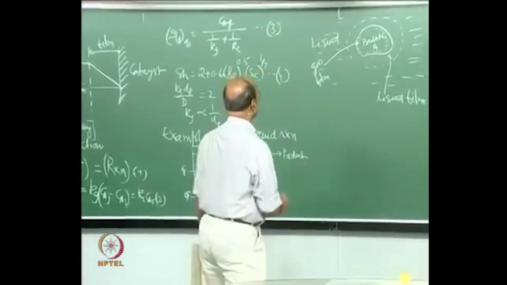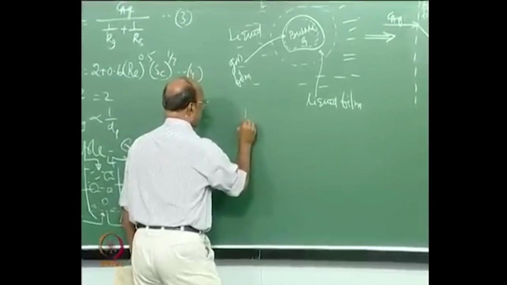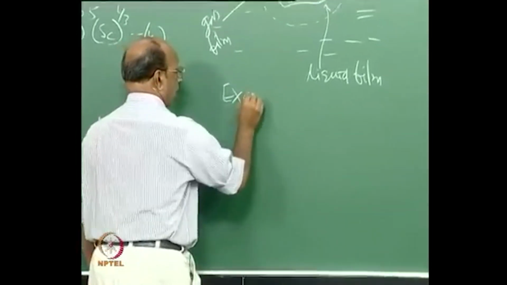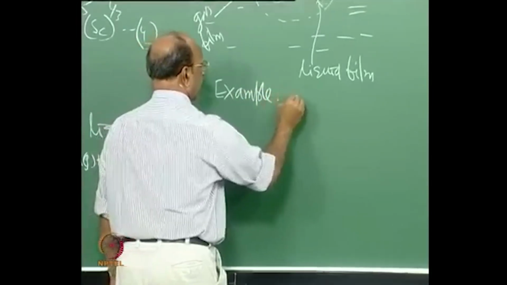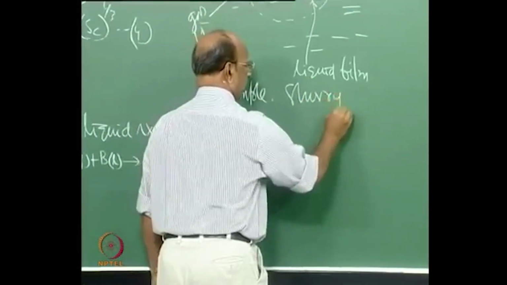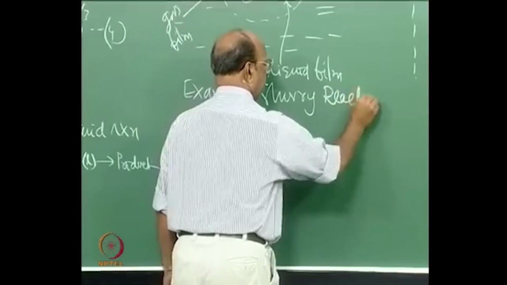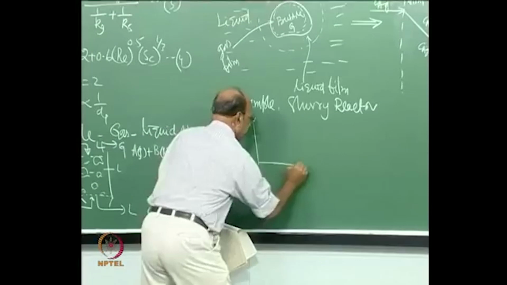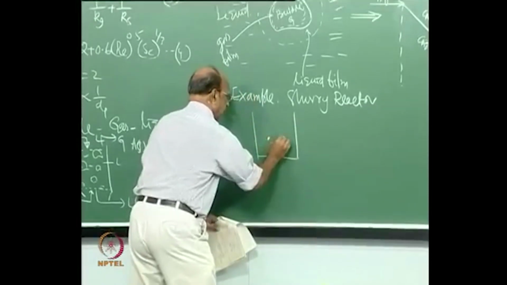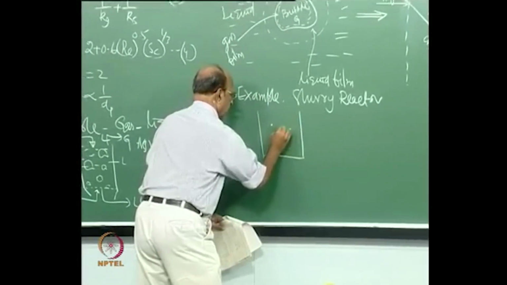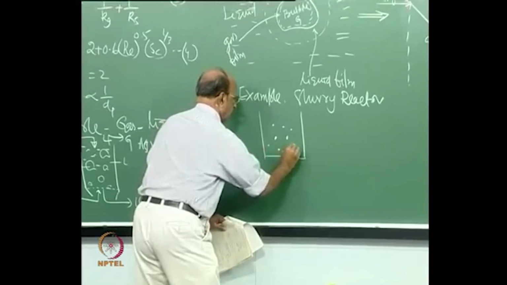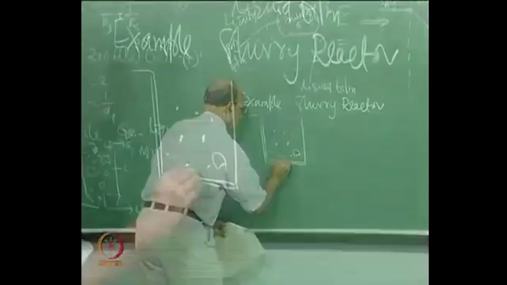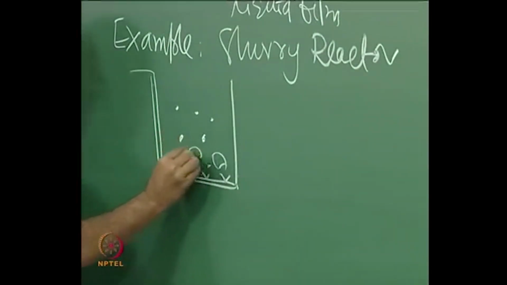Good. Another example which I give is the slurry reactor. Imagine I have the reactor first, I have the particles, and we have the bubbles which are fed like this.